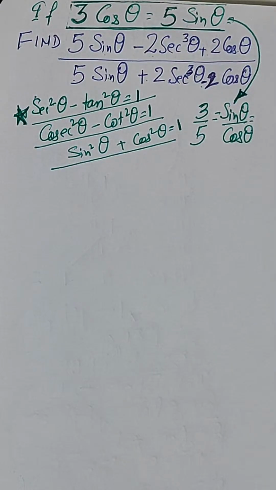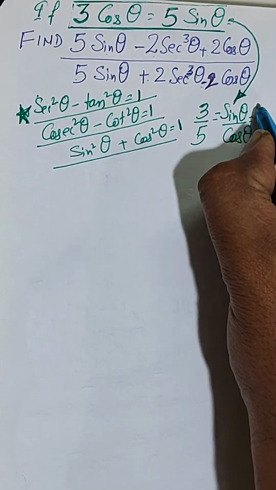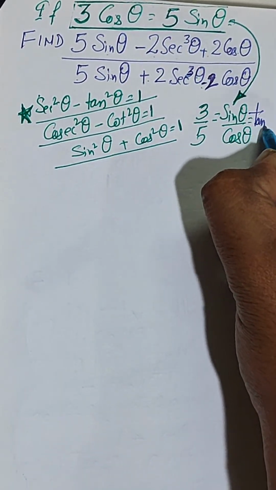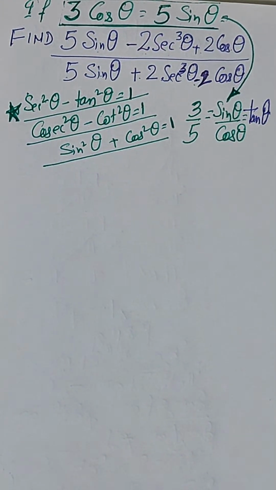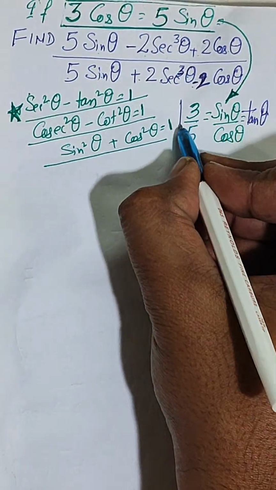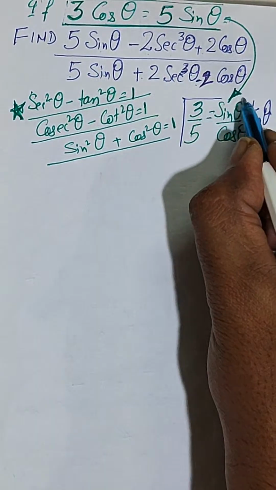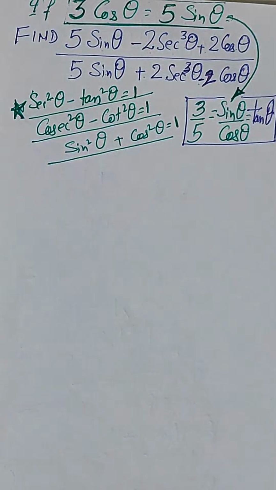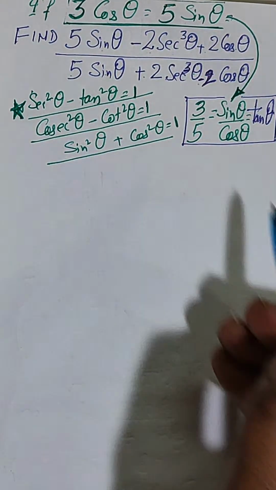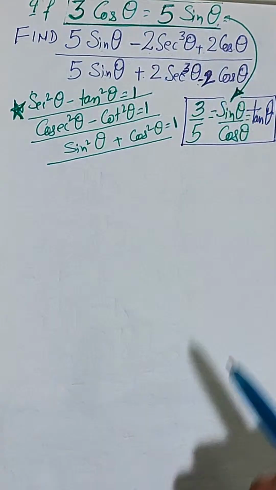Which is nothing but tan theta, right? So we derived that tan theta is 3 by 5. This value is given to you from the above relation, right?